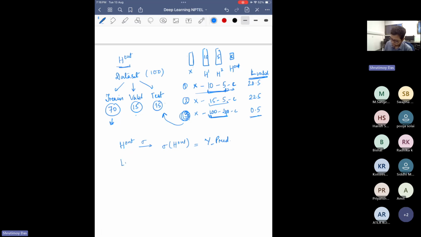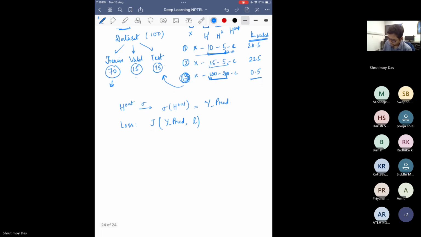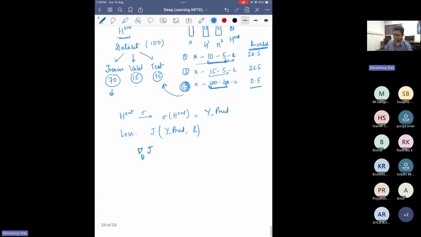Now your loss is some J of Y pred and L, where L is the known ground truth probability distribution that you have. Now I want to compute the gradient of this J with respect to all of the parameters.